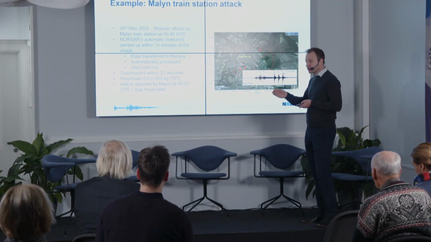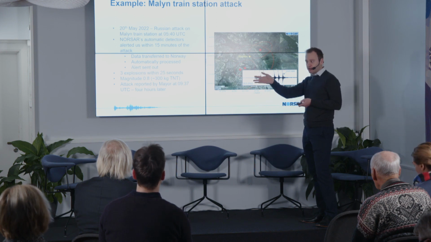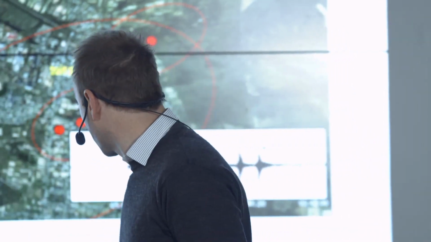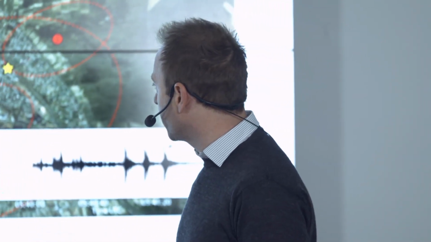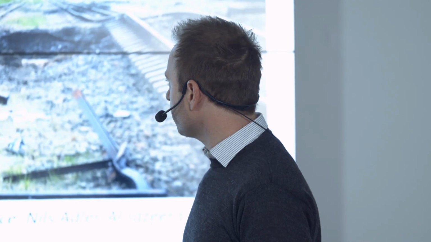And then, notably, 4 hours later, the mayor of Malin provided this attack to social media. So we were able to quickly and accurately determine where an attack had taken place before it became public knowledge.